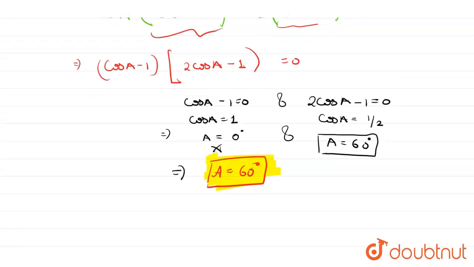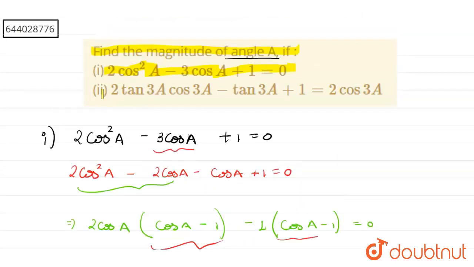Now for the second part, the question is given as 2 tan 3a into cos 3a minus tan 3a plus 1 is equals to 2 cos 3a.